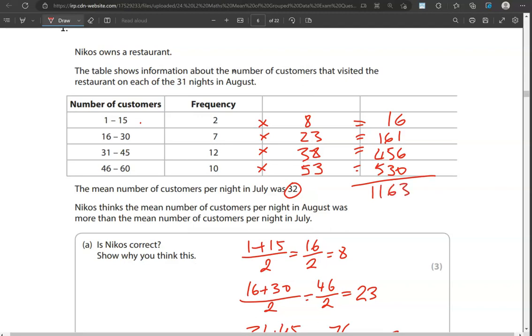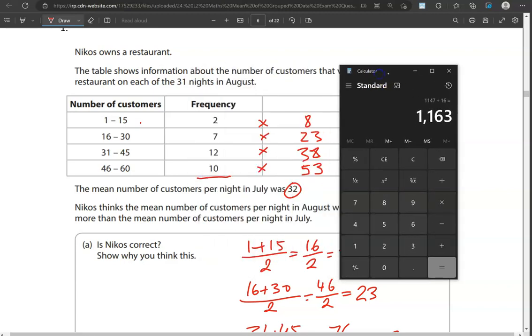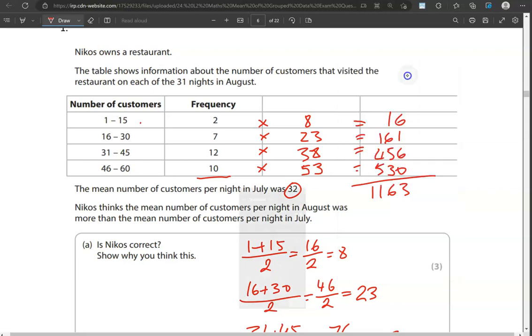which we're going to divide by the total. So that is the frequency. 2 add 7 add 12 add 10 gives us 31.